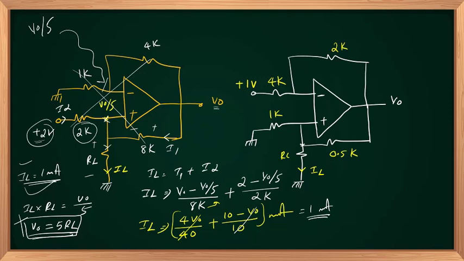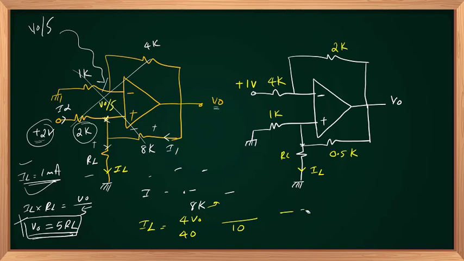Let us look into the second case here. In the second case also, the cross product is matching: 1k into 2k is equal to 4k into 0.5 kilo ohm.